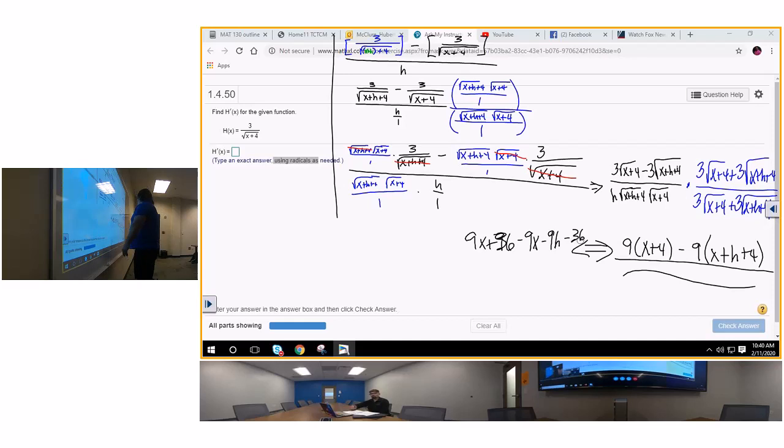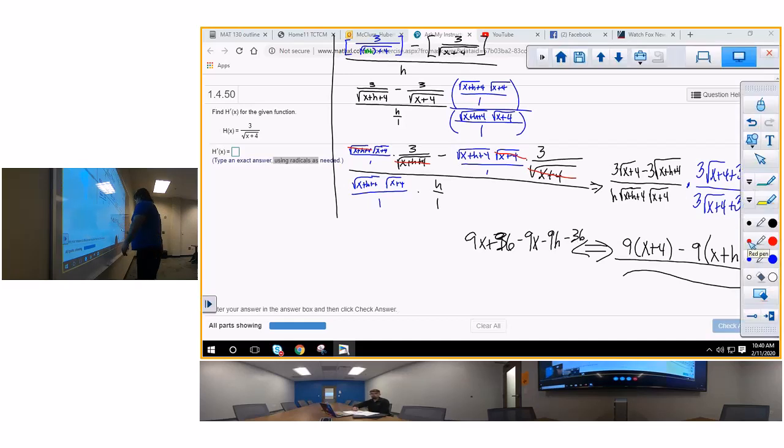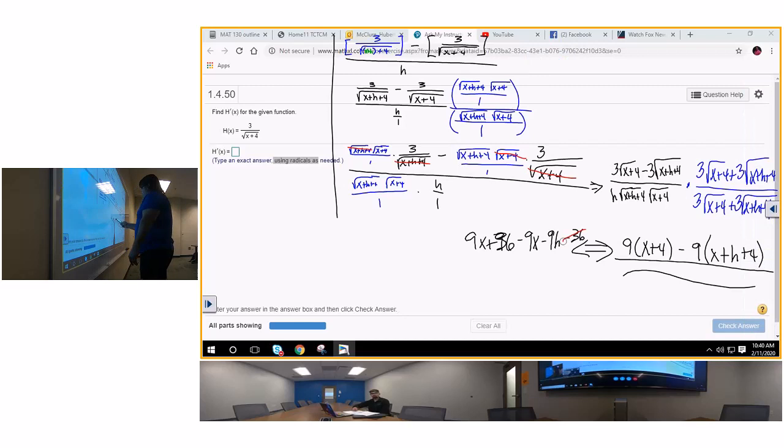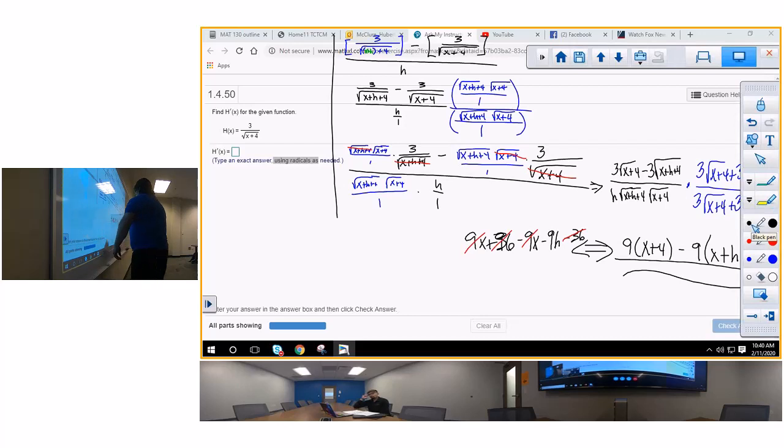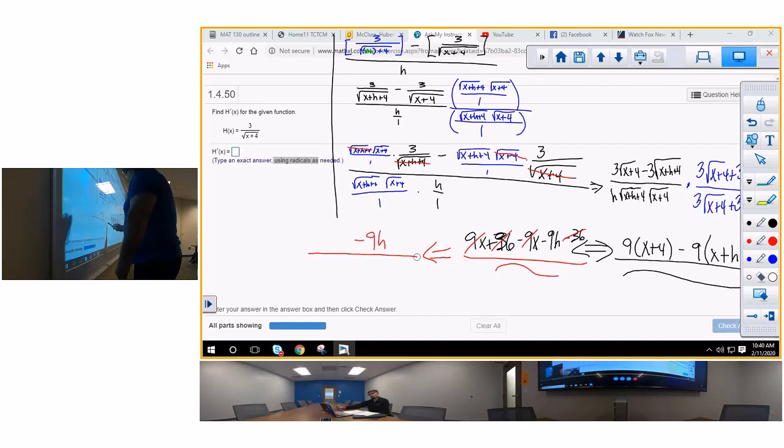And what do you see happening? The 36 cancels, the 9x cancels, and you're left with negative 9h over h times all that.